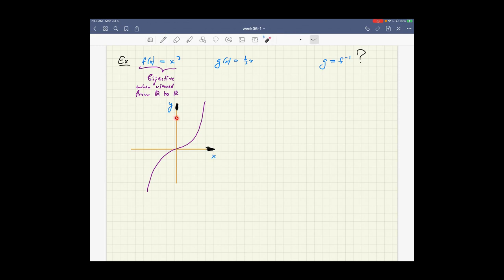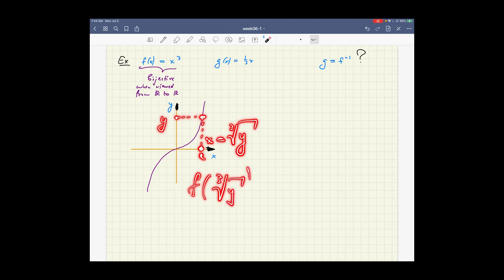For every fixed y, I can find an x whose image under the action of f is y, that x is cubic root of y, right? f at cubic root of y will be cubic root of y to the power 3, and that's y.